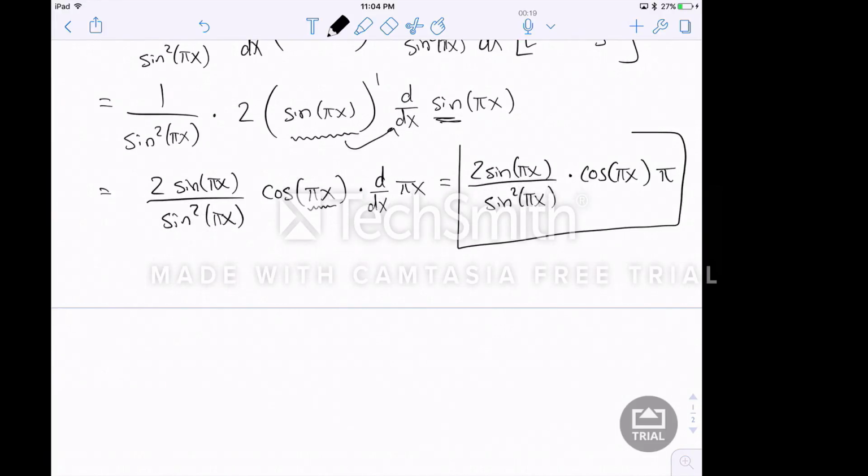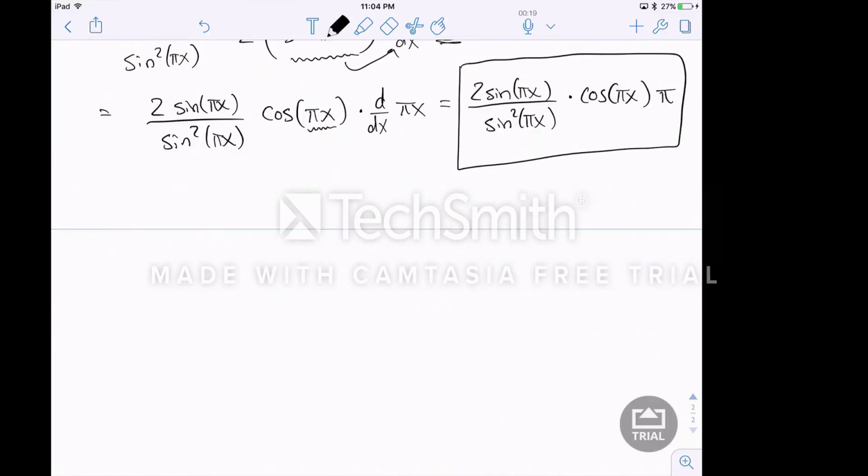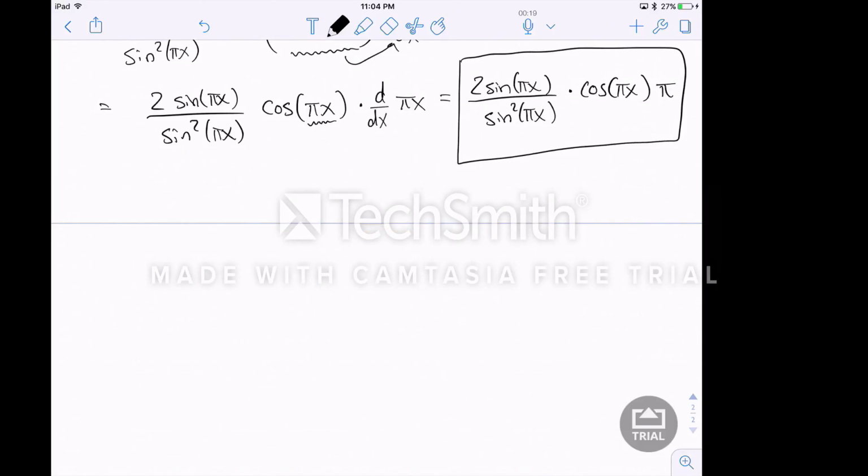So we could be considered done here, but we could clean this up a bit. If you notice, we have a sine of pi x here and a sine squared of pi x on the bottom, so one of those can cancel. Alright, so now I'm just going to move things around.